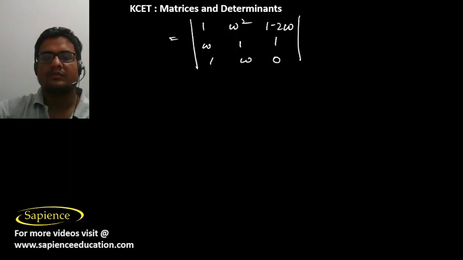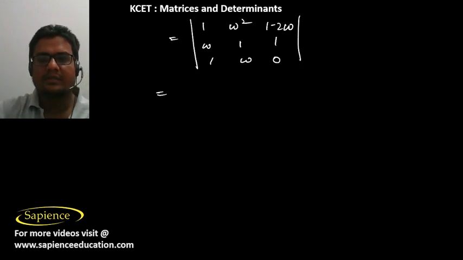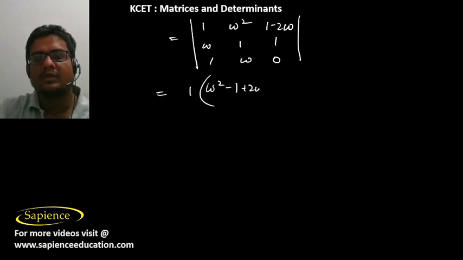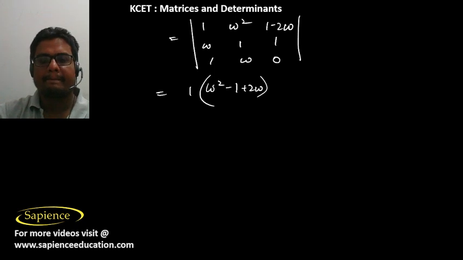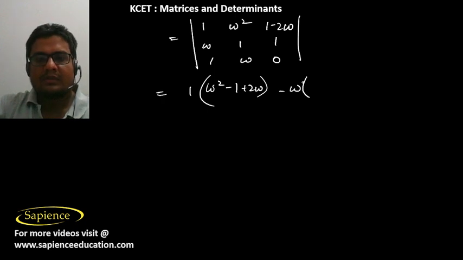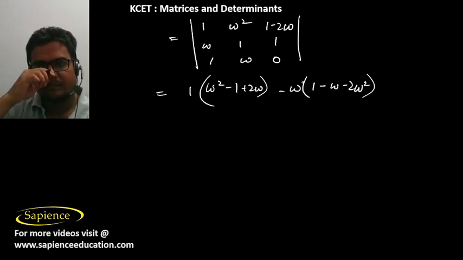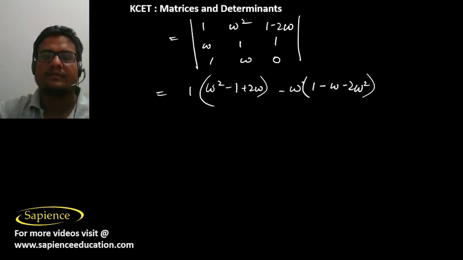So now if we expand this determinant along this third row, then we will have 1 into omega square minus of 1 plus 2 omega. Then minus omega into, we have to remove third row and second column, so this is 1 minus omega minus 2 omega square, this is 1 minus omega plus 2 omega square.